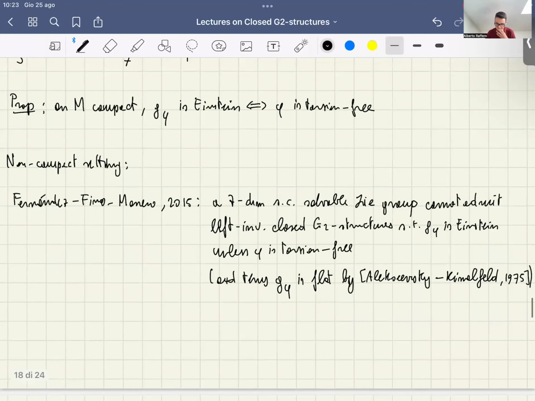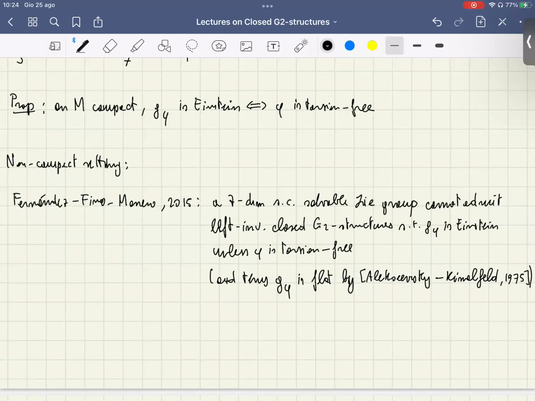And let me also remark here that to date, we know that Einstein solvmanifolds, so simply connected solvable Lie groups with a left invariant Einstein metric, exhaust the class of non-compact homogeneous Einstein manifolds. This was conjectured by Alekseevsky, and you can find the statement of the conjecture in the book by Besse on Einstein manifolds. This was proved for some dimensions, including dimension 7, by Arroyo and Lafuente in 2015.